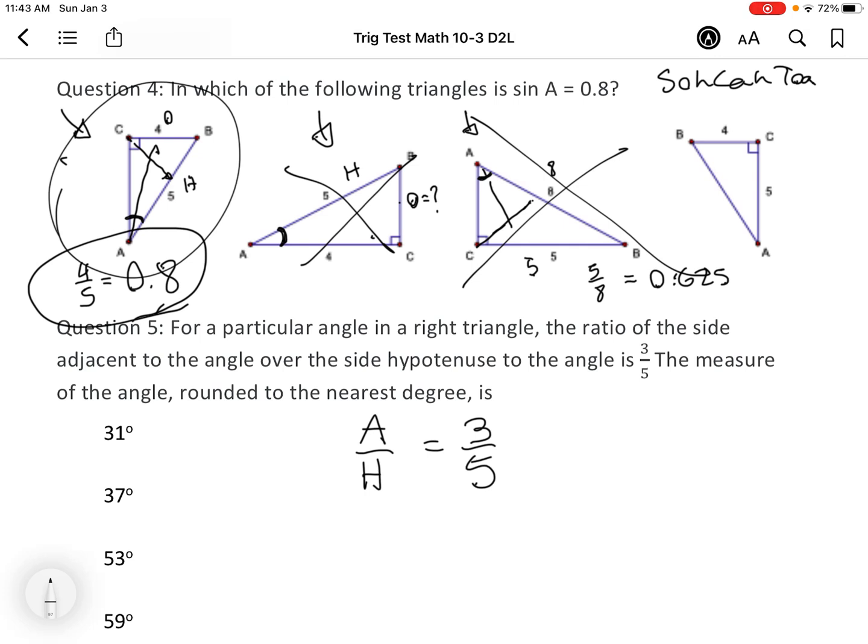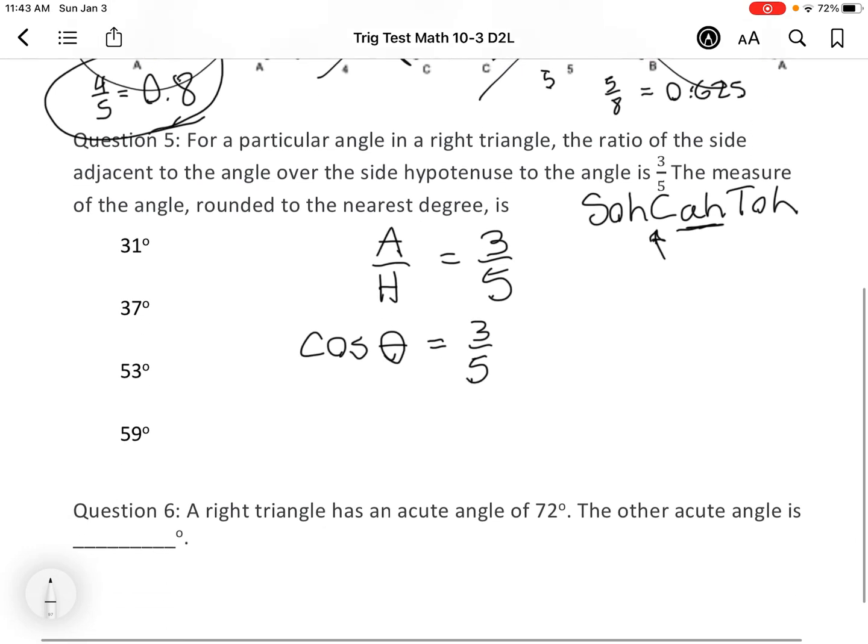The measure of the angle rounded to the nearest degree is. So what is the angle? If A over H is 3 over 5, what's the angle? Well, so CAH TOA. What's A over H? A over H is cosine. So the cosine of the angle is that.